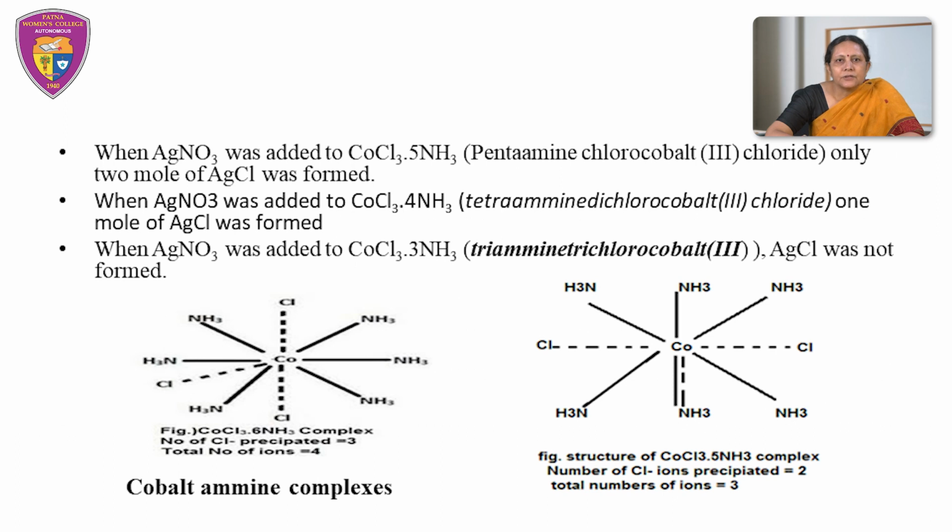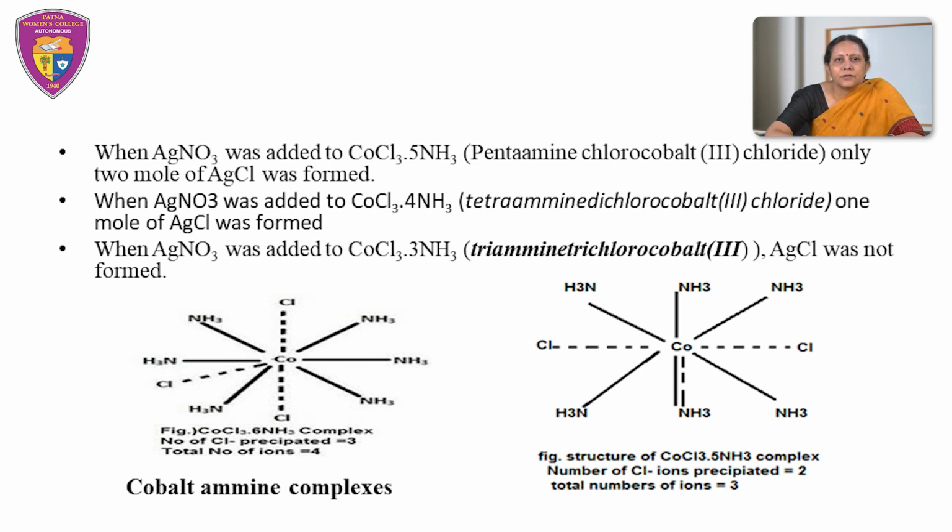When silver nitrate was added to pentaamminechlorocobalt 3 chloride, only 2 moles of AgCl were formed. 1 chloride ion exhibits dual behavior. The total number of ions is 3: 2 chloride and 1 complex.